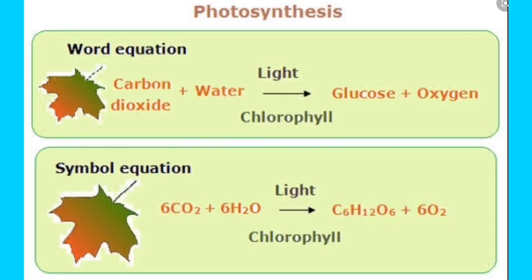So now I'll be showing the formula for photosynthesis once again. Carbon dioxide plus water with the presence of chlorophyll, which absorbs the sun's light, thus creates glucose along with its byproduct, oxygen.